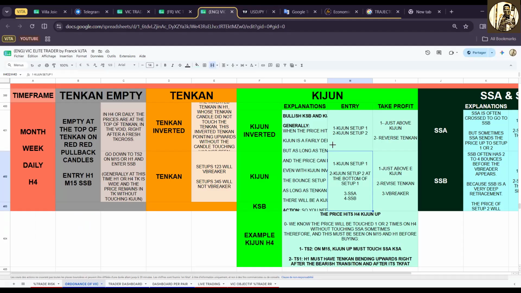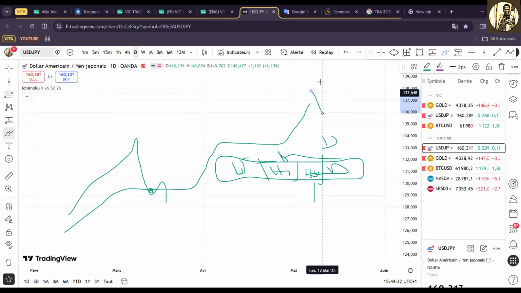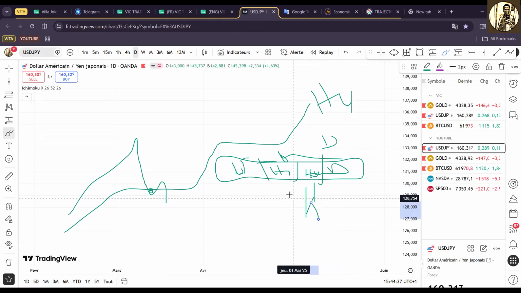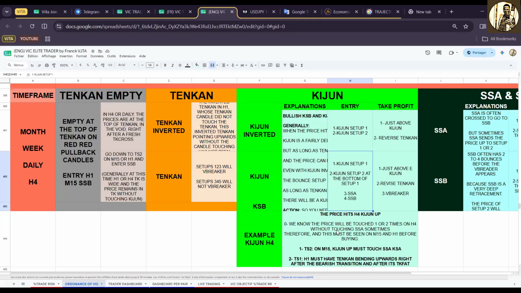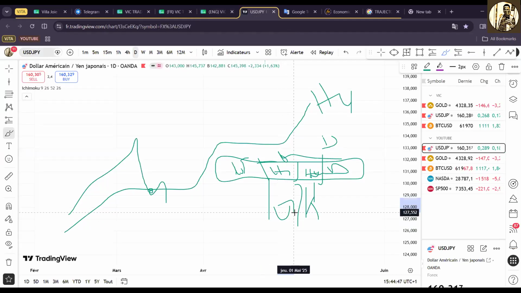Sorry, you see this one is a Kijun H4, right? You see Kijun on H4. What you need to see on H1 will be Tenkan going up, when Tenkan goes toward the upside.